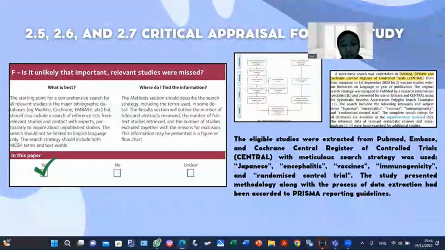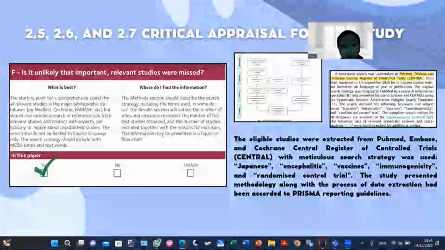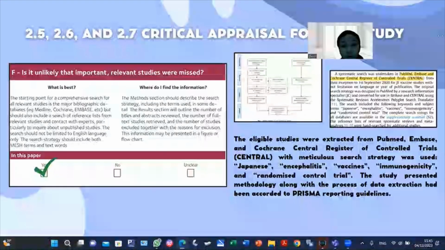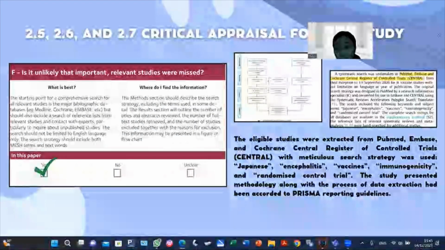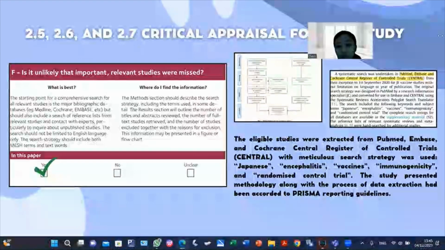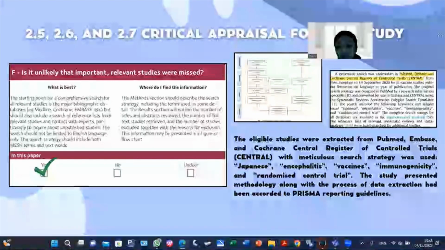The results section will outline the number of titles and abstracts reviewed, the number of full text studies retrieved, and the number of studies excluded together with the reasons for exclusion. This information may be presented in a figure or flowchart. The eligible studies were extracted from PubMed, Embase, and the Cochrane Central Register of Controlled Trials, or CENTRAL. A meticulous search strategy was used: Japanese encephalitis, vaccines, immunogenicity, and randomized controlled trial.